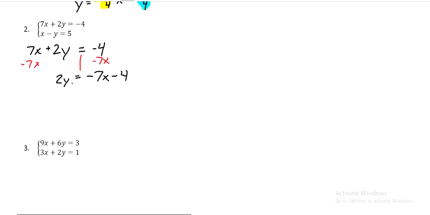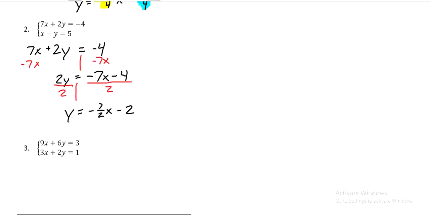We'll divide both sides by 2. We end up with y equals negative 7 over 2 x minus, and 4 divided by 2 gives us 2.